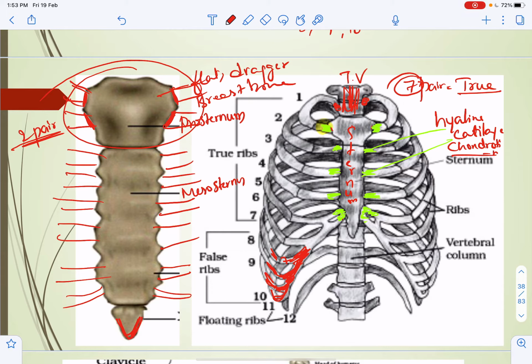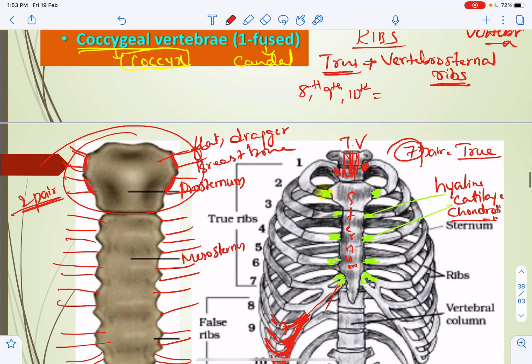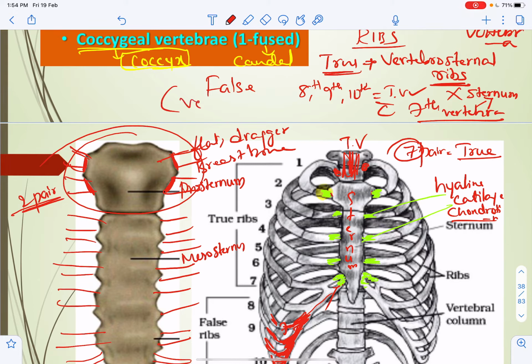All together they are attached dorsally with the thoracic vertebrae, but ventrally they are not attached directly to the sternum, but with the help of the 7th rib, they are attached with the sternum. That is why they are called false ribs, which are also called vertebrochondral ribs.